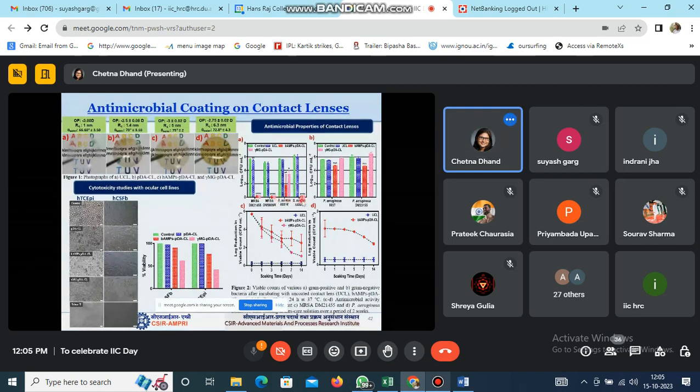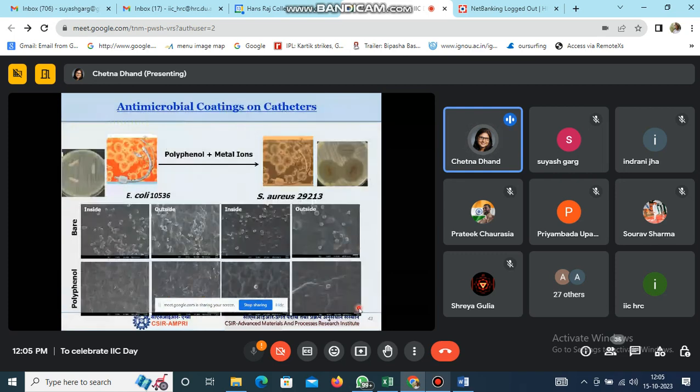So even if somewhere you catch microorganisms on the contact lens, the coating will kill the bacteria. So your eye will be safe. And this is the durability. For 14 days, this contact lens has the capability to kill the bacteria. So this is the work we have done.